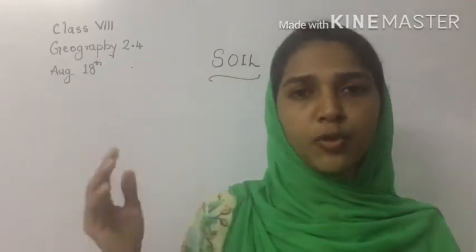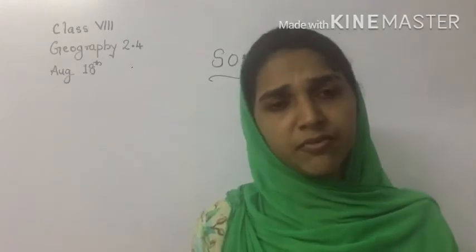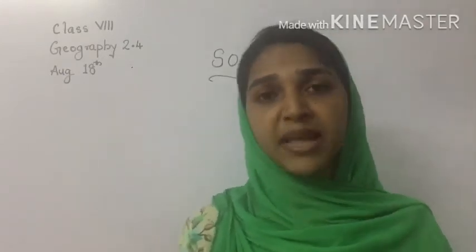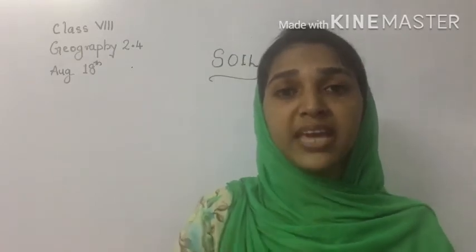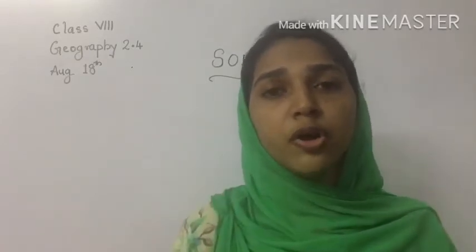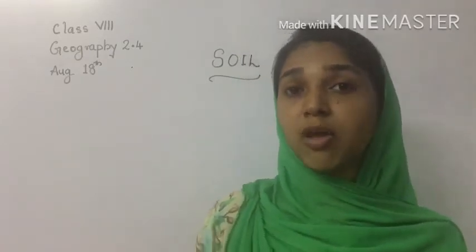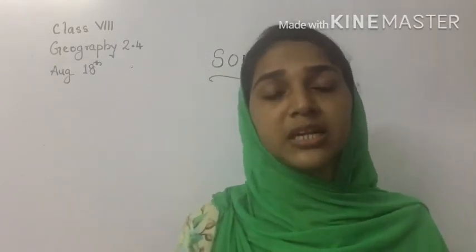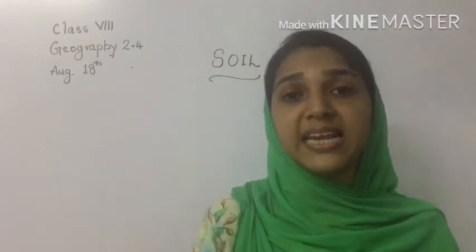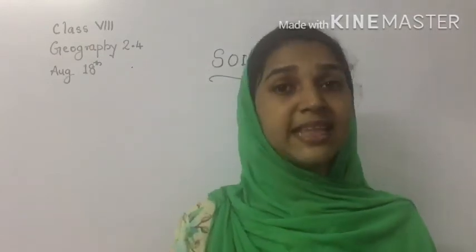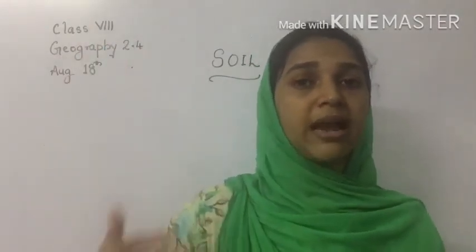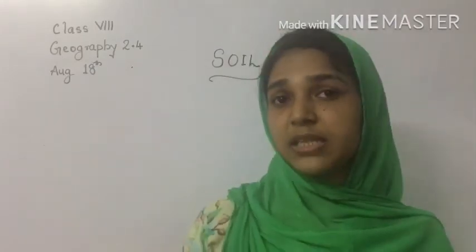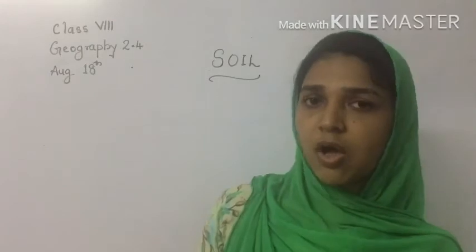It will wash off to other places by the wind, water, etc. But in the valleys and plains, the soil will be held on to land because of gravity. It will lay there itself. So the fertility will be higher in valleys and plains than the mountain side or hillside. So the relief will affect the formation of the soil.